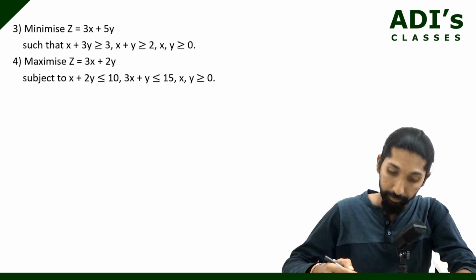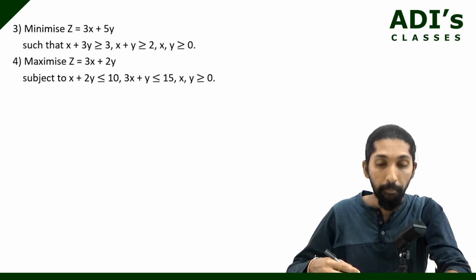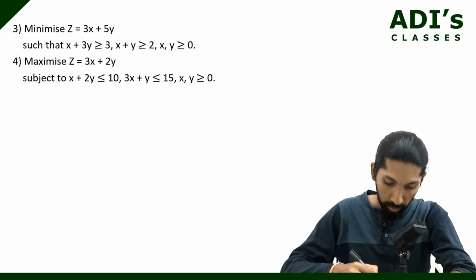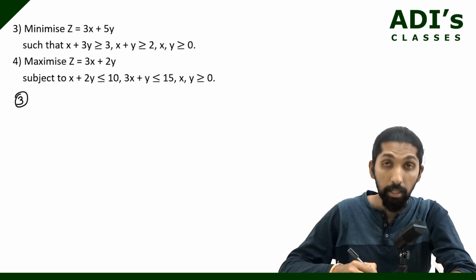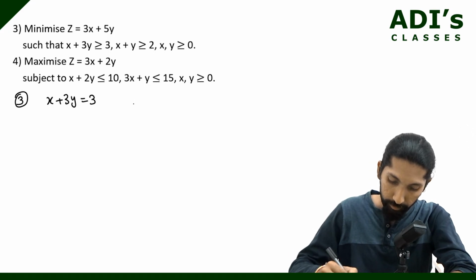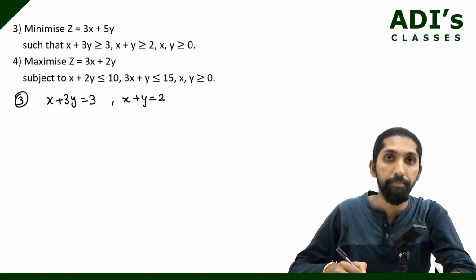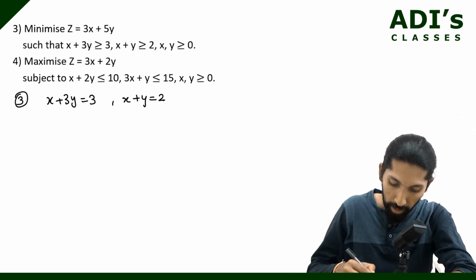See the third question? Again, minimize. That means minimum value. So minimize, that function is there anyway. Let's start with the constraints. X plus 3y is equal to 3 and x plus y is equal to 2, correct? So what do we have?